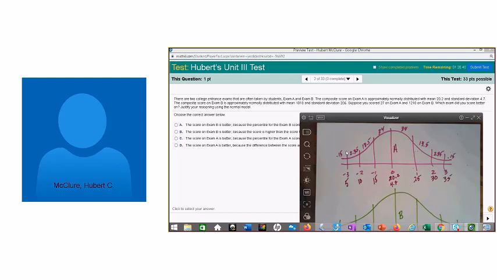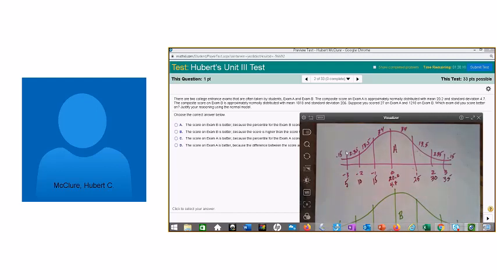The bottom is a mean of 1018 and a standard deviation of 206. Why do they do these crazy numbers? All right, I'm going to have to do it. Just hold on.